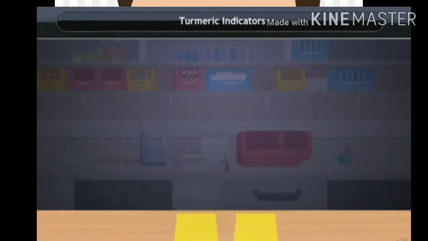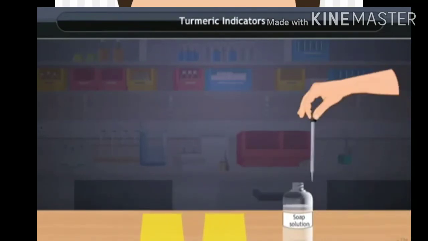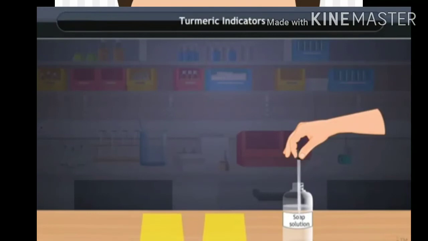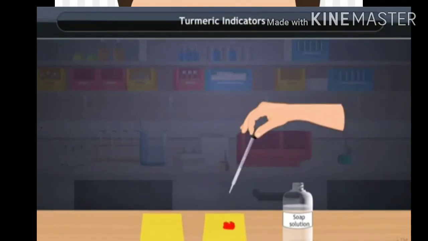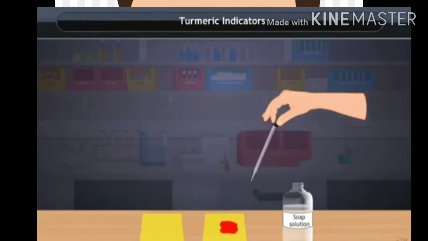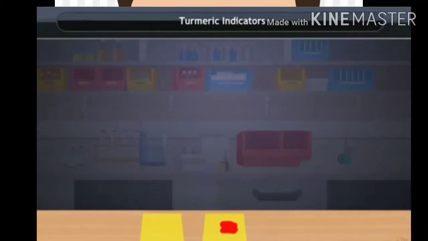Put a drop of soap solution on the strip of turmeric paper. What do you observe? You will observe that it changes to red color. Hence it shows that soap solution is basic in nature.